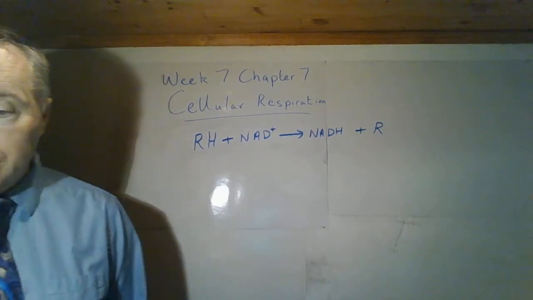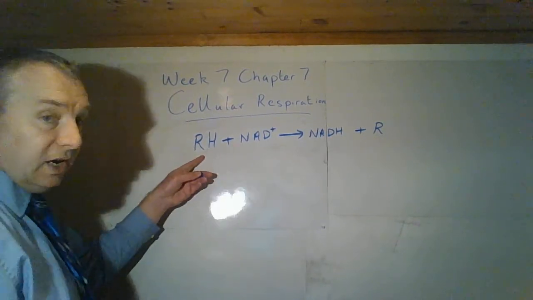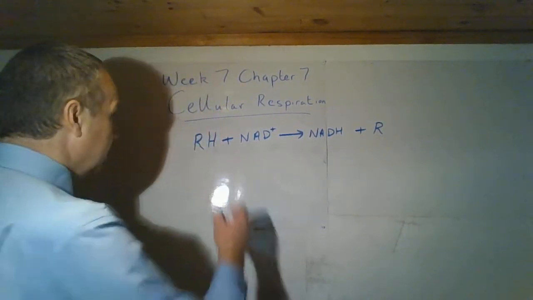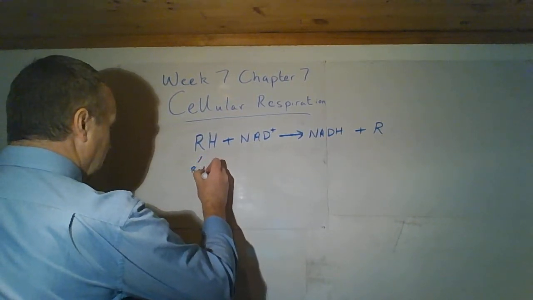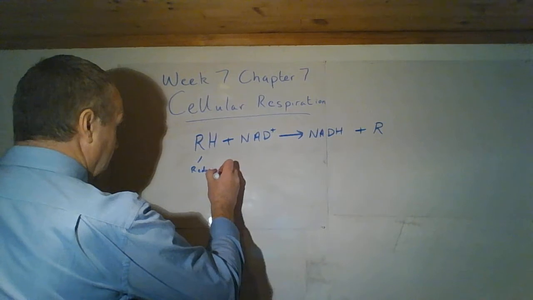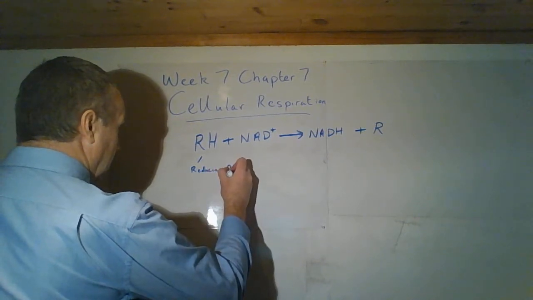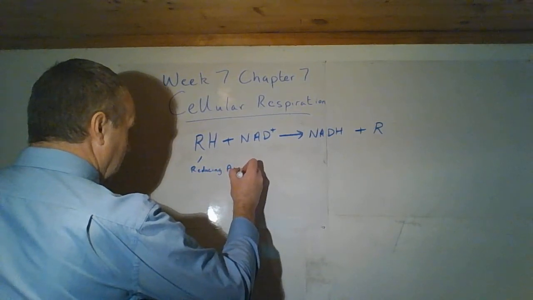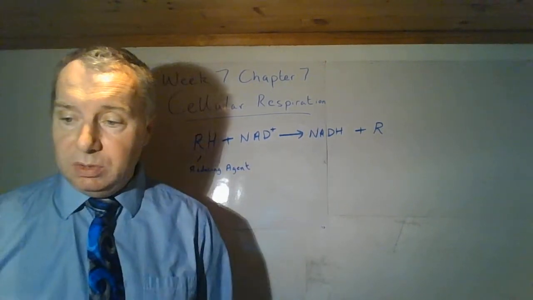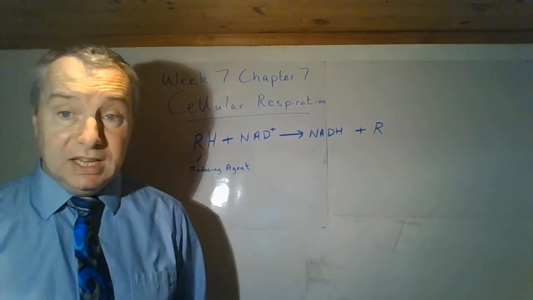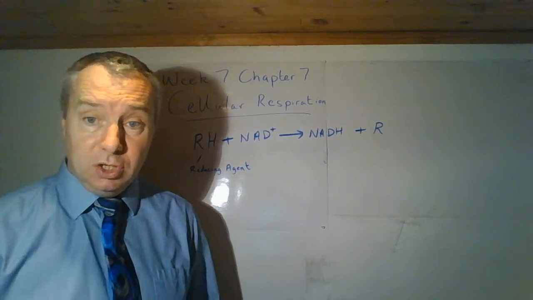So we have RH. This will be our reducing agent. And I'm going to define reducing agent. It is the electron donor.